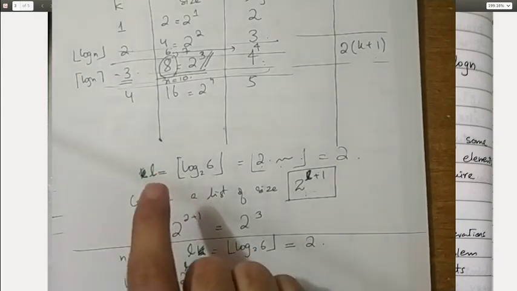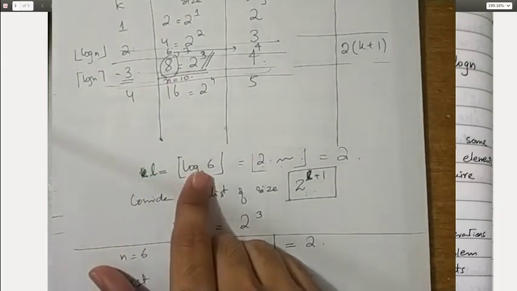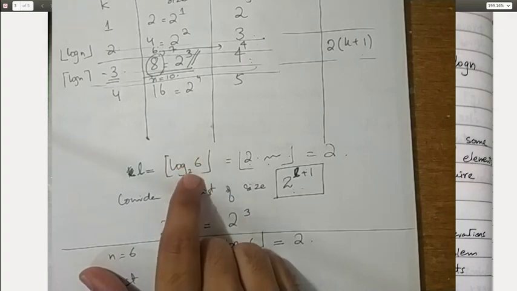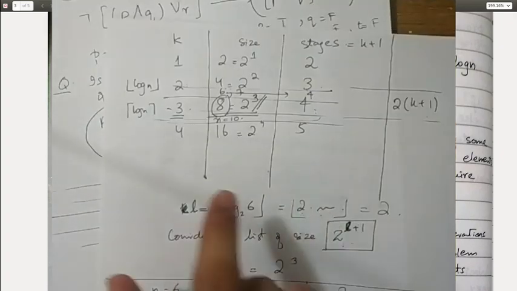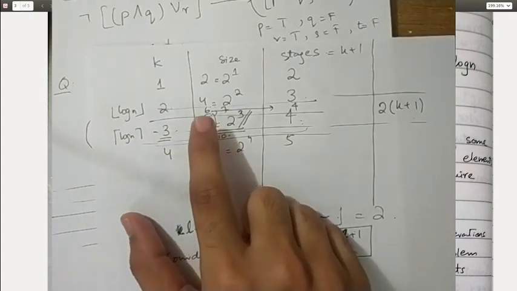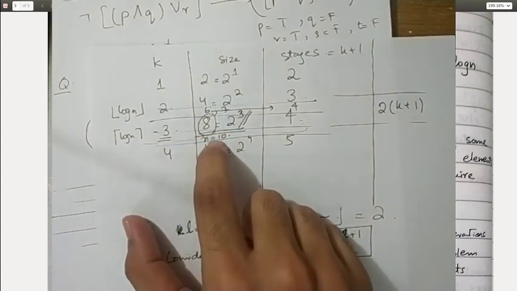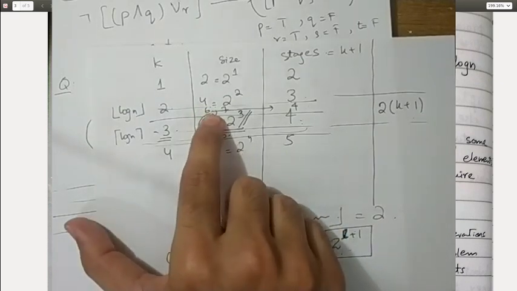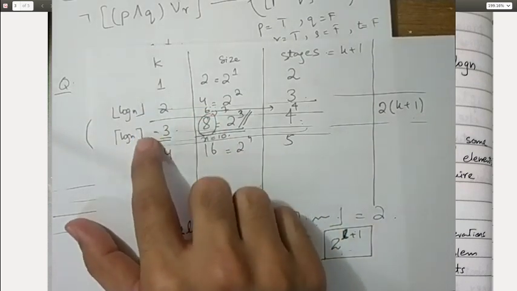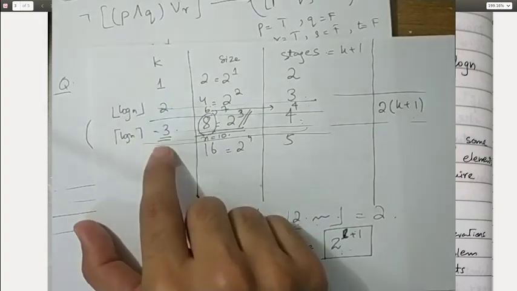For example, log 6 will be 2 point something. But we don't need to worry about it. If your input size is between 4 and 8, and it's not a power of 2, then you can find the log and you can ceil and floor it to find the previous and the next class.